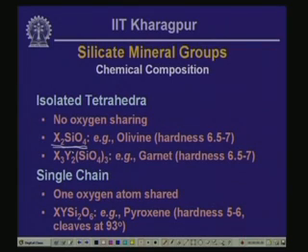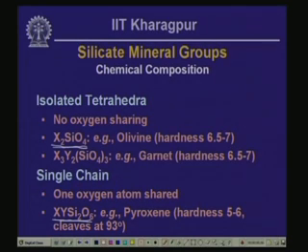Now, let us move on to the single chain. In single chain, we noticed earlier that you have one oxygen shared, and the chemical formulae of this class of minerals typically will look like this: XYSi2O6. By the way, you may have already understood that by X and Y I am indicating cations of different types, like calcium or magnesium or potassium or iron or aluminum, or there could be other types of cations as well.